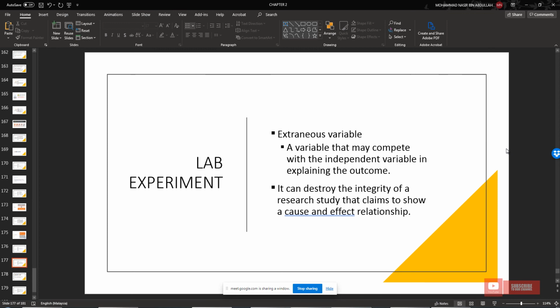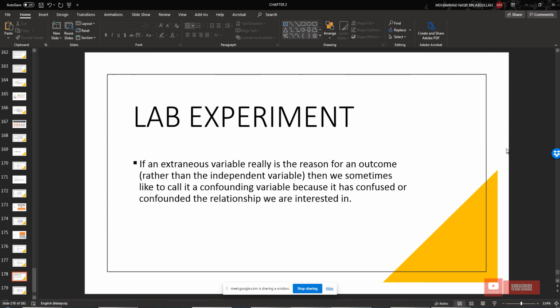For example, let's say A is the dependent variable, B is the independent variable. You measure A and B, and you find that A has a relationship with B. That means B will cause A. A is caused by B.